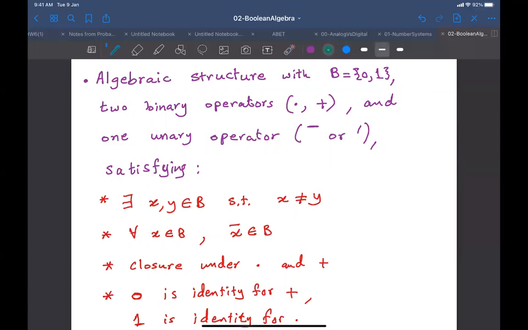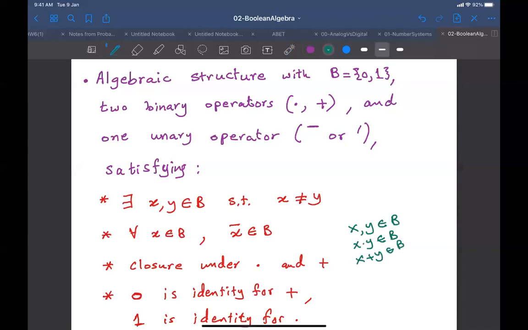So what do we mean by closure? We mean if x and y belong to B, then x ANDed with y also belongs to B. This is closure under and. Closure under or means that x ORed with y belongs to B as well. This is the closure property.